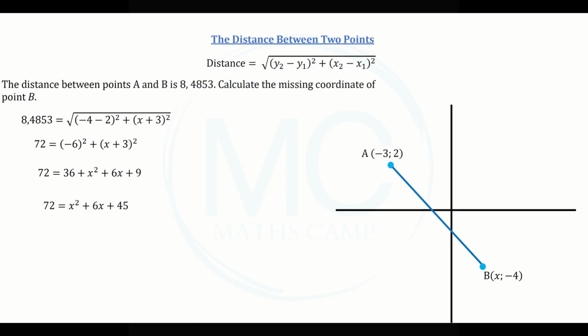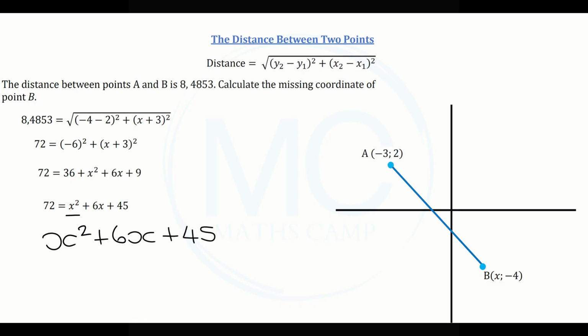We know from algebra that in order to solve for x, we need to factorize this equation. But before we can do this, we need to make the equation equal to 0. Our square term is positive, so we can leave this as it is. And we can say x squared plus 6x plus 45.